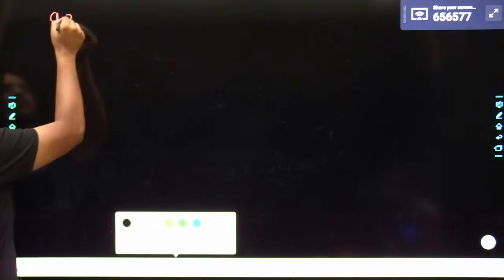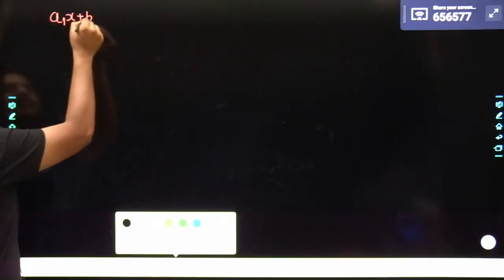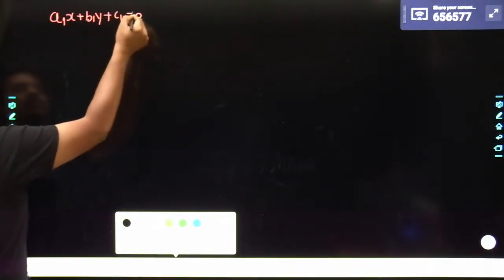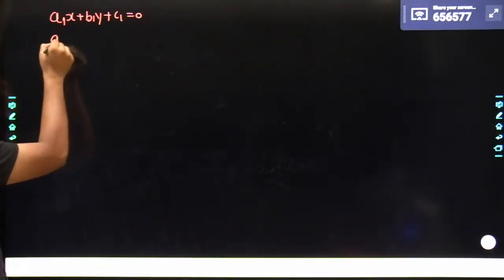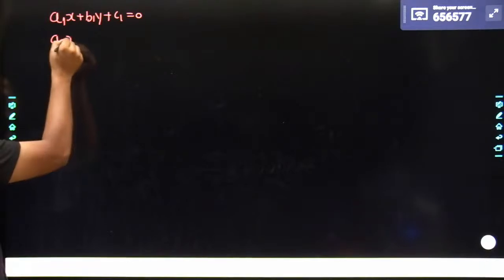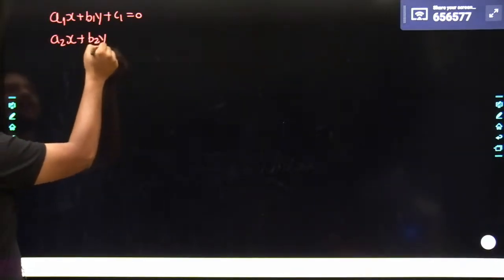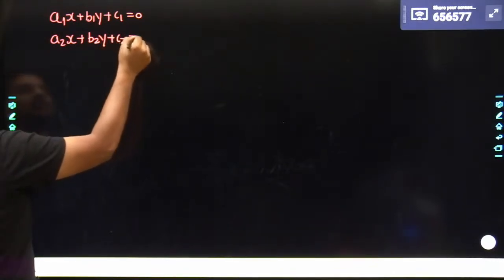Suppose we have two linear equations for the time being. The first linear equation is a1x + b1y + c1 = 0, and the second linear equation is a2x + b2y + c2 = 0.